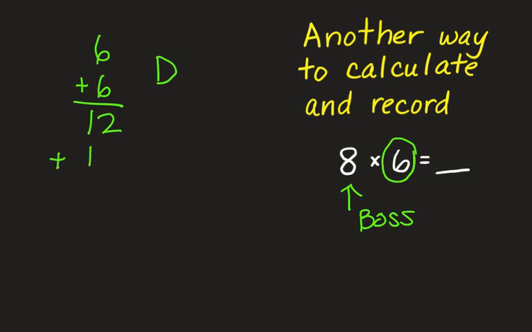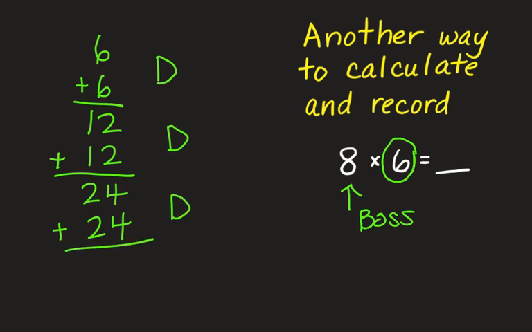Then I'm going to double the 12, and I'm just going to stack it right up here. Mark my next D. 12 plus 12 is 24. Then I'm going to double the third time, and 24 plus 24 is 48. Since I have my 3 D's, I know that I'm finished. So 8 times 6 is 48.